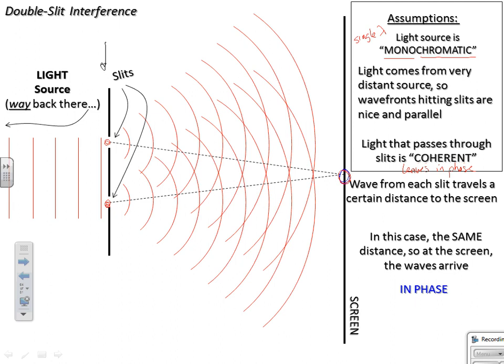Well, if we each travel the same exact distance, and we both have the same exact stride length, we're going to get to the same place, on the same step. Make sense? All right. So if two waves arrive there in phase, that means they'll interfere constructively. All right? And if this is light, you got to think about what that means.